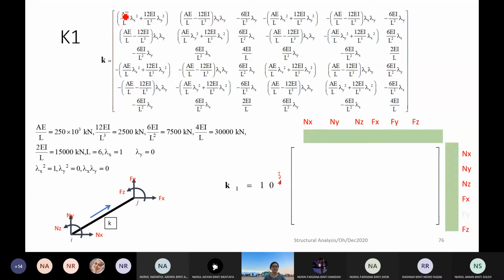So for K11, 250. Correct? Yes. 0. Can you recheck? 0. Yeah, you're right. So it is 0.